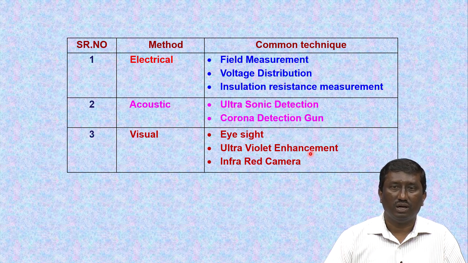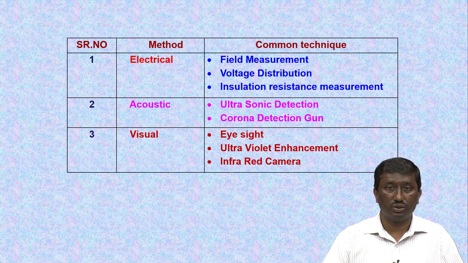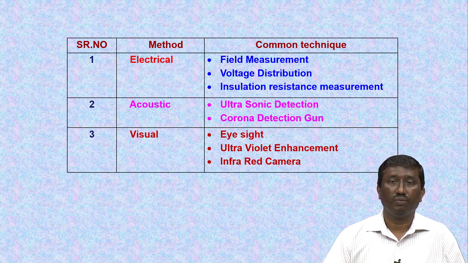Third, visually, through the normal eyesight, you could see in case of damaged sheds or if the failure of the insulator is physically visible with the naked eye. Then ultraviolet enhancement and infrared cameras are also being used to check and verify the faulty insulators in the string.